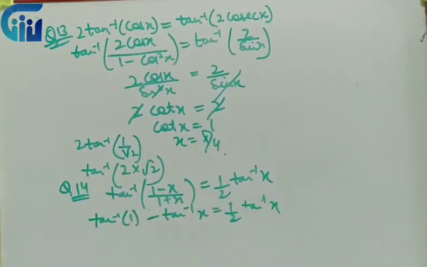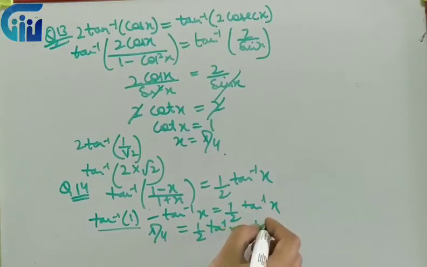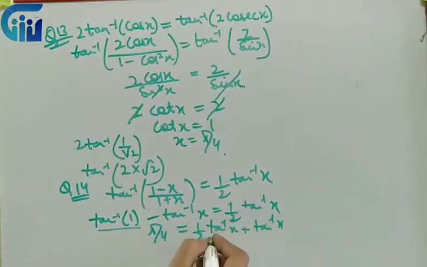If you observe this question carefully, if I apply the formula in reverse, tan inverse A minus tan inverse B is tan inverse of A minus B upon 1 plus AB, right? So in place of tan inverse 1, we can write pi by 4, and half tan inverse x plus tan inverse x will be written as 3 by 2 tan inverse x is equal to pi by 4, right?